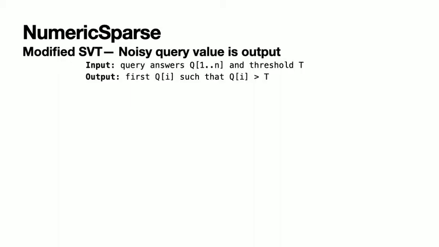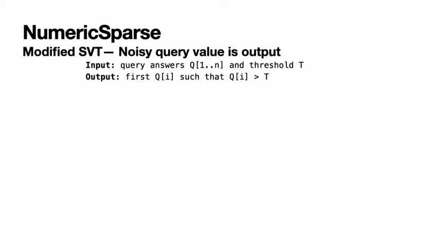Now, there is a modified version of SVT called numeric sparse, which is almost identical to SVT, except that when q i is greater than t, for the first i, instead of outputting i, it is supposed to output q i.